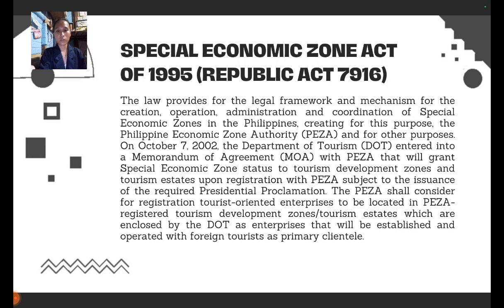Special Economic Zone Act of 1995, Republic Act 7916. The law established the legal framework of special economic zones in the Philippines, including the creation of the Philippine Economic Zone Authority. It allows for the development and administration coordination to promote economic growth.